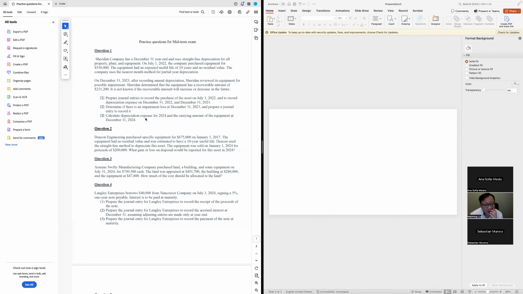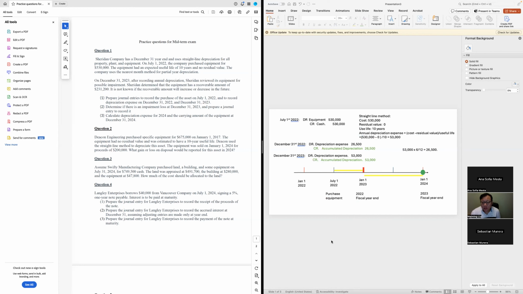Okay, so let's work on the third question. Calculate depreciation for 2024 and the carrying amount of the equipment at December 31st, 2024. So in the previous slide, we used the straight line method.